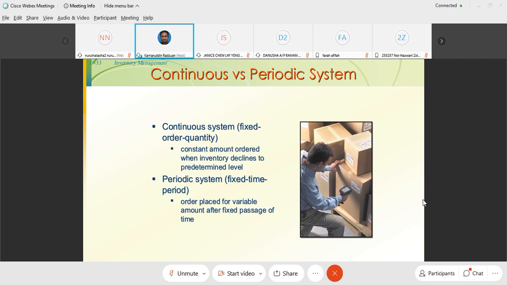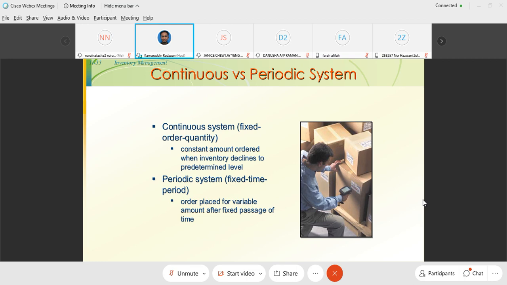So the next slide discusses two major inventory systems, two major approaches or techniques used in controlling inventory, which are the continuous versus the periodic review system.